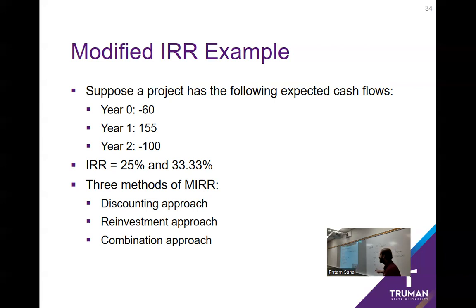So tell me, what is the present value of cash flow negative 100 at year 2, at year 0, if we use 20% discount rate? Find the present value of this cash flow using 20% discount rate.